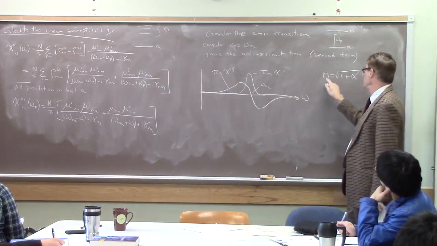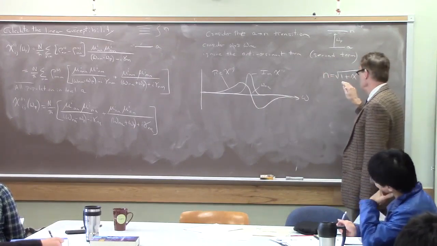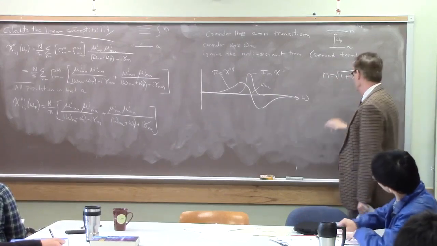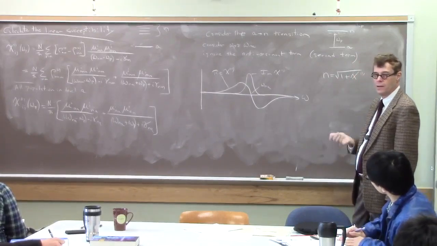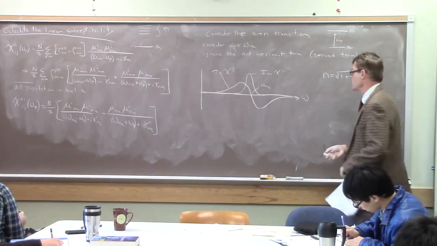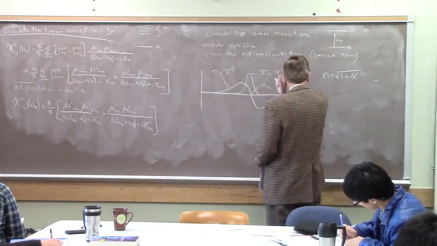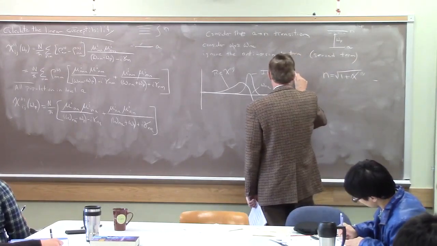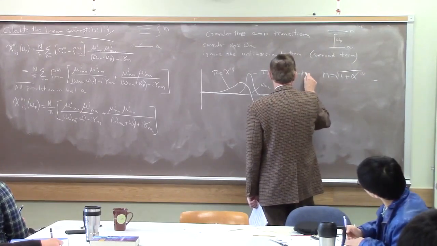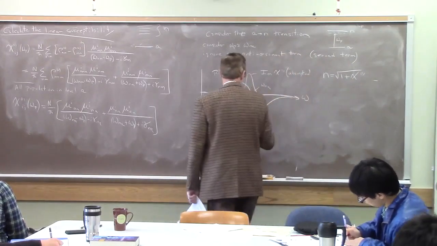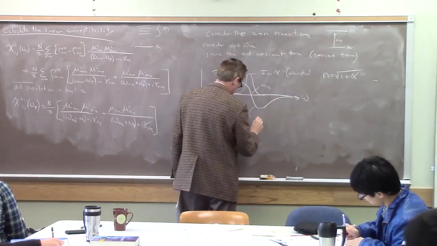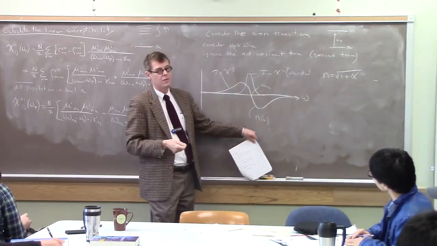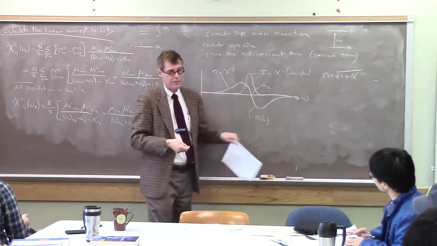So if you want to know how the real and the imaginary part of the refractive index depend on the susceptibility, you have to calculate a complex square root. But still, roughly speaking, the imaginary part of chi is what describes absorption, and the real part of chi is the refractive index, or the variation of the real part of the refractive index.